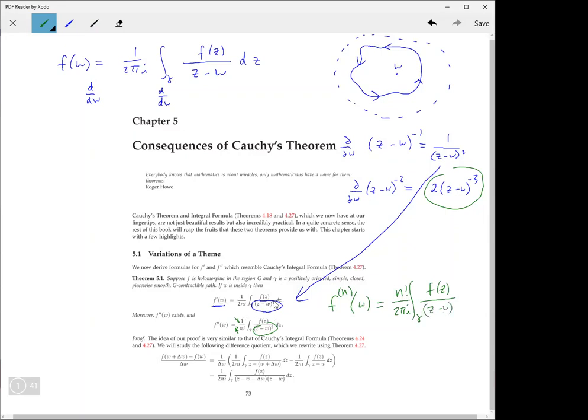The first derivative has a 2, the second derivative has a 3, so the nth derivative will have an n plus 1 in the exponent. So this right here is the general formula for the derivatives.